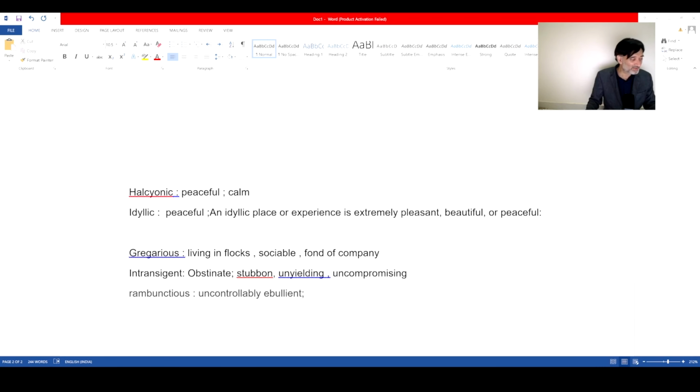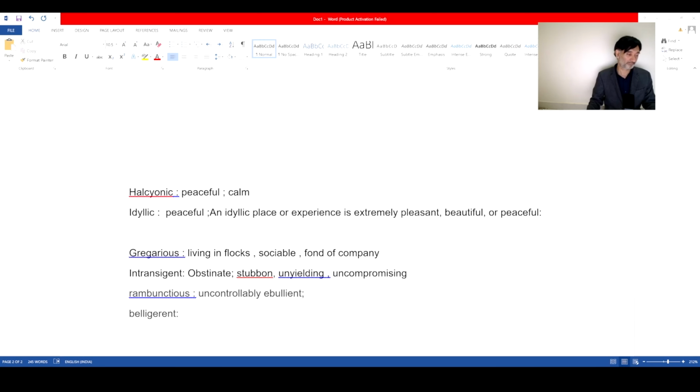Okay, belligerent, another word which is similar but not exactly similar. Belligerent is warlike. Let me write it down. What is belligerent? Aggressive, right? Belligerent is hostile and aggressive.